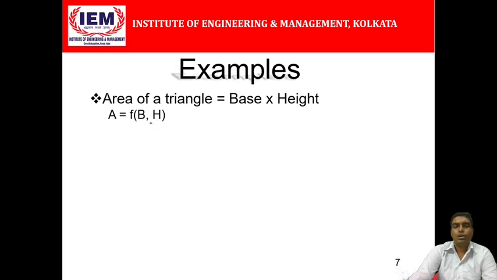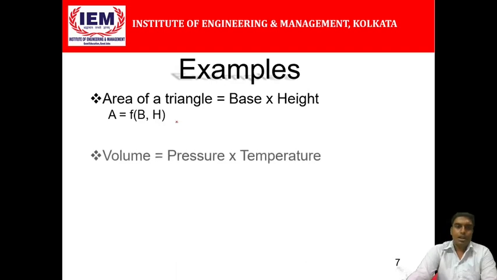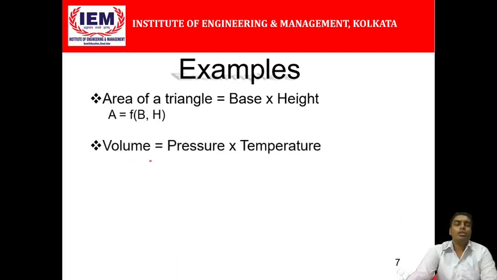This is also an example of a multivariable function. Another one is volume, which is a function of pressure and temperature. If I write it as a function, V equal to g(P,T), where P and T are two independent variables and V is the dependent variable.